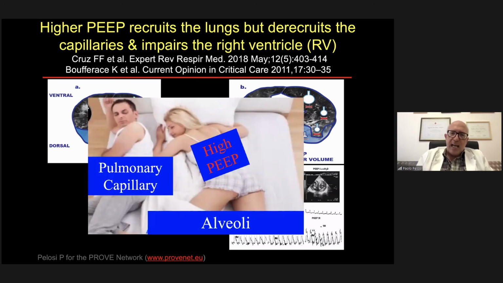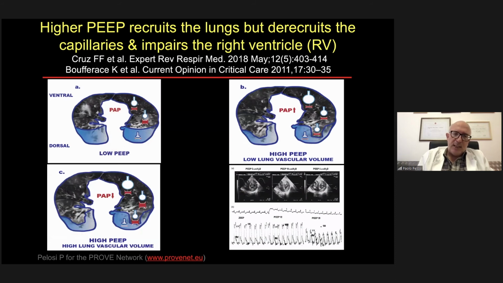When we use a higher PEEP level, we squeeze out the pulmonary capillaries from the alveolar side. And so this is very important, as we may need a higher amount of lung vascular volume in order to recruit the capillaries and to reduce the pulmonary pressure.